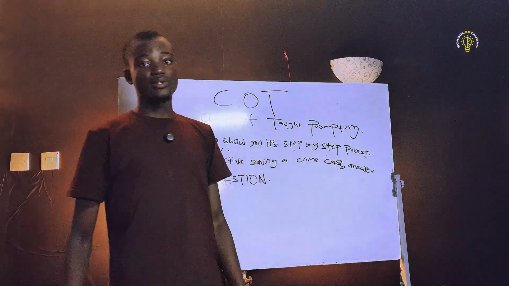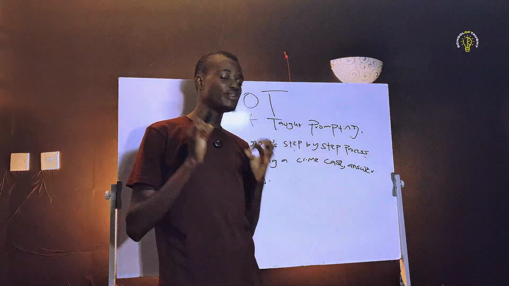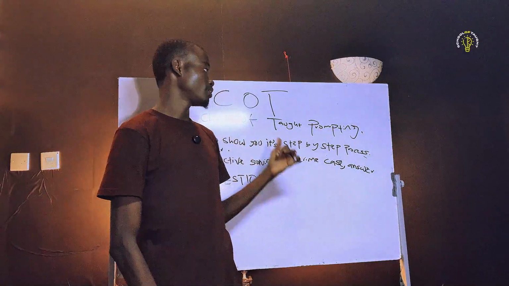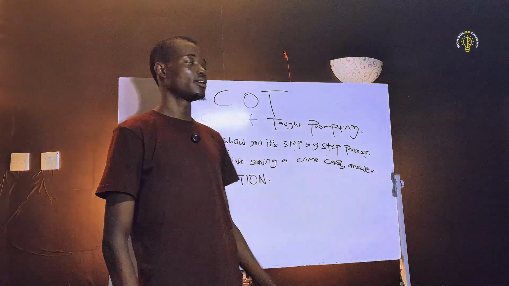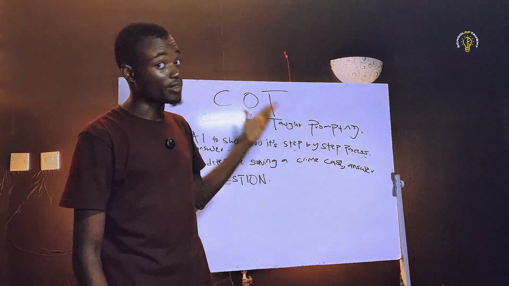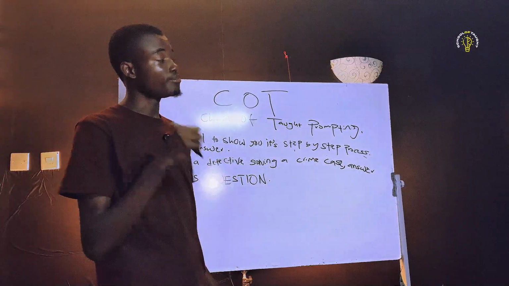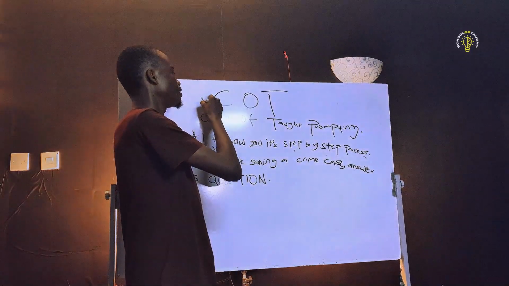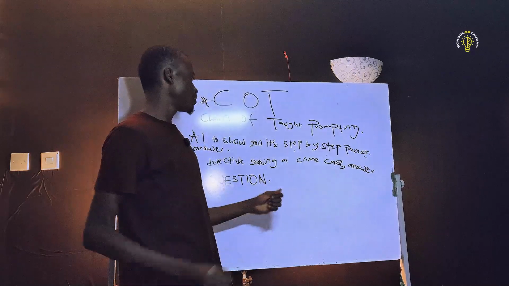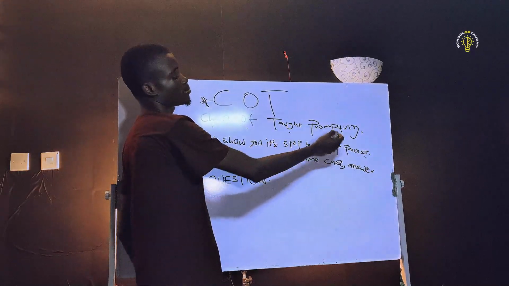For this next one, it's only a few percentage of creators that share this online publicly. Maybe about 1 to 5% of creators can share this with you, because this is a major secret. It's called chain of thought prompting.